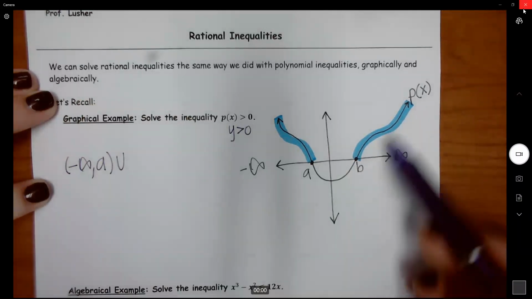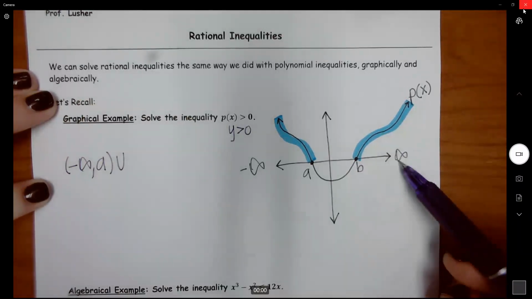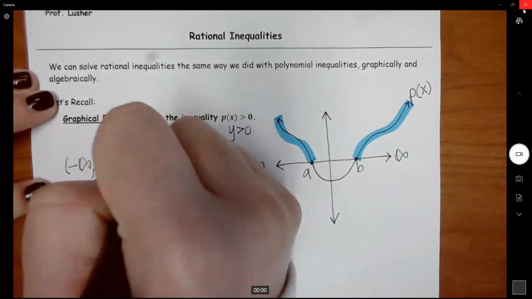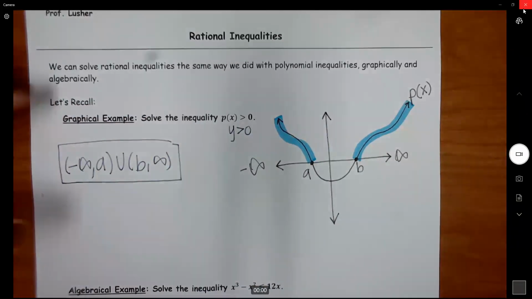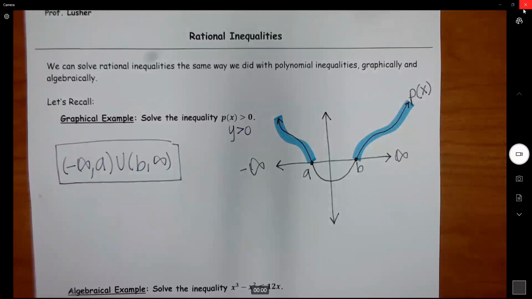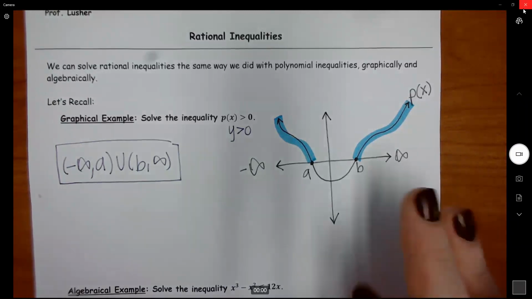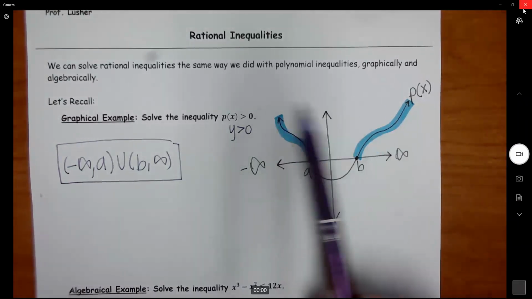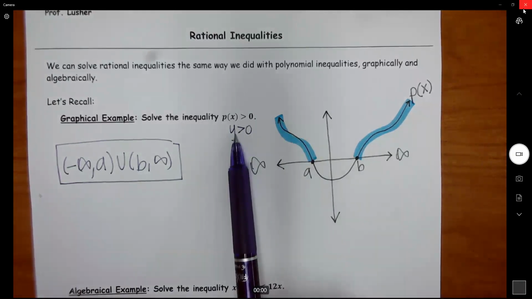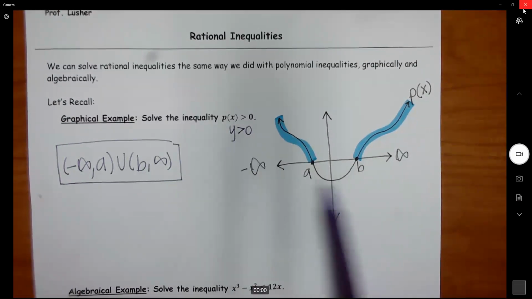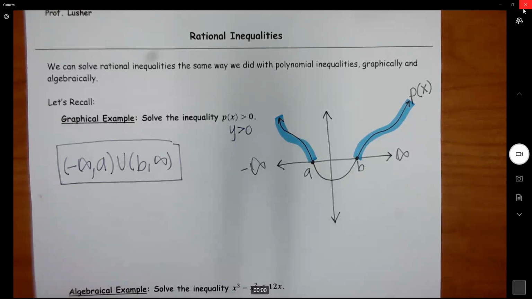And then this portion here is from B to infinity. So solving these by the graph is pretty straightforward. You're looking at either the top of the x-axis, or if this was less than or equal to, everything in the bottom of your x-axis.